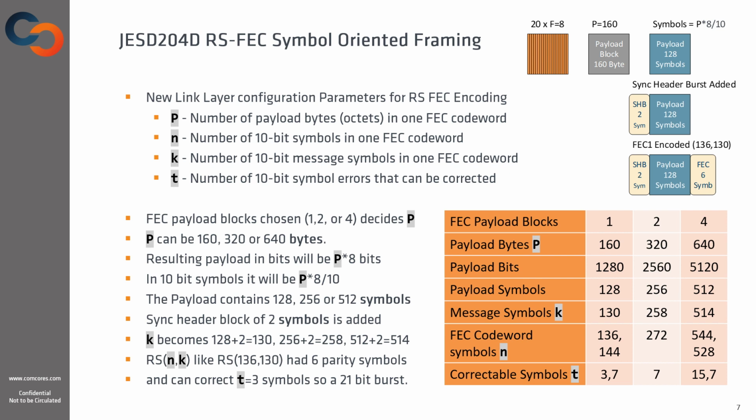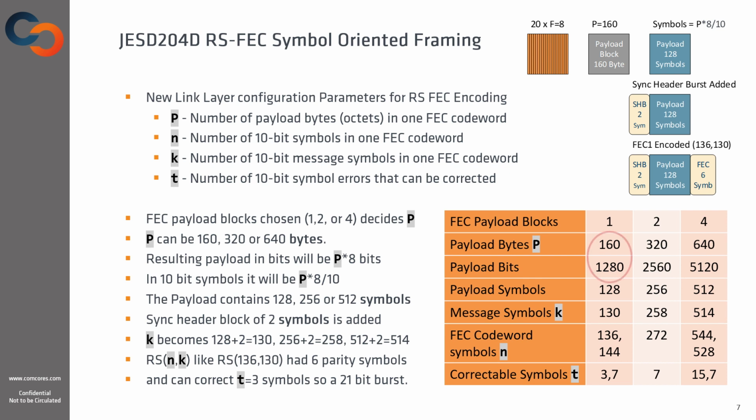And assuming a single payload block is 160 bytes, we can say the FEC code word will carry 1, 2, or 4 payload blocks. In the image on the top right, we are demonstrating a single payload block inside of a FEC code word.